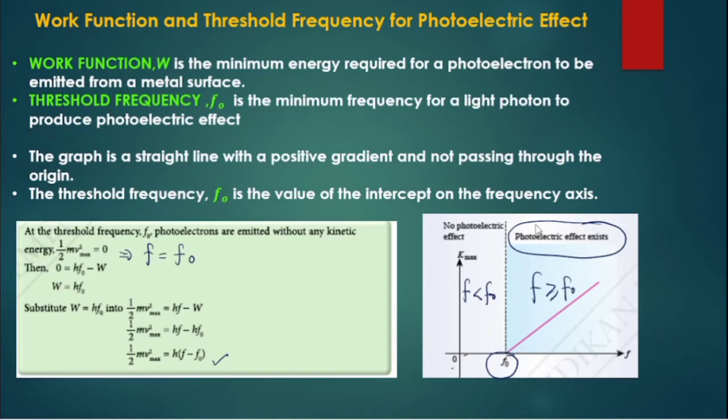From here, we can say photoelectric effect exists when frequency is larger or equal to f0. And the electrons will gain kinetic energy when frequency of light is greater than threshold frequency of the metal.